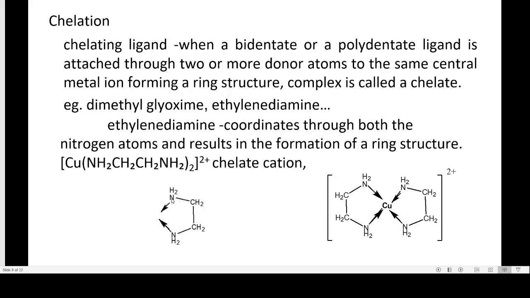The lone pair on nitrogen can be used to form coordinate bonds. So this will form a ring structure with the central metal ion. It is an example of a chelating ligand, and this is the chelate cation formed by ethylene diamine. These ligands form ring structures.